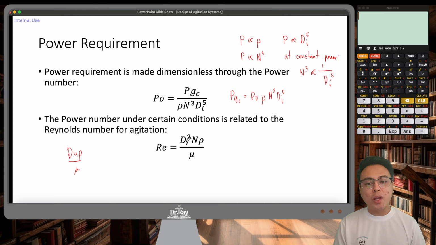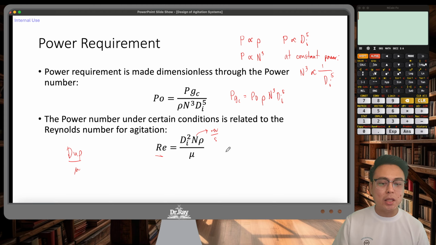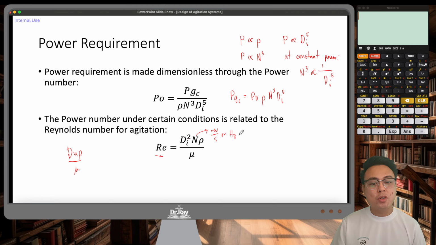For the Reynolds number, we have this expression: impeller diameter squared times the impeller speed times density over viscosity. Now, a few notes for this one. You all know that the Reynolds number is a dimensionless number, and for that to happen, if you're using standard SI units, the impeller speed has to be given in revolutions per second, or simply hertz, or simply per second.